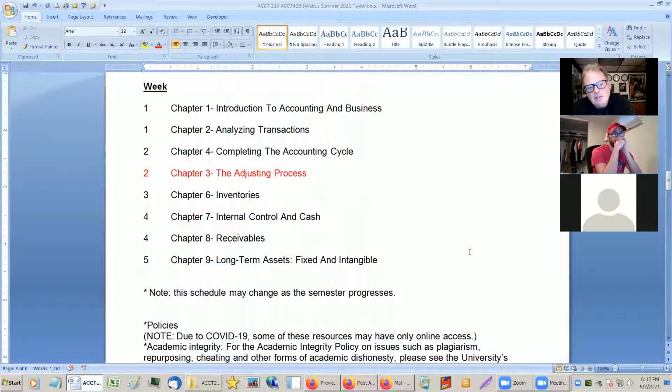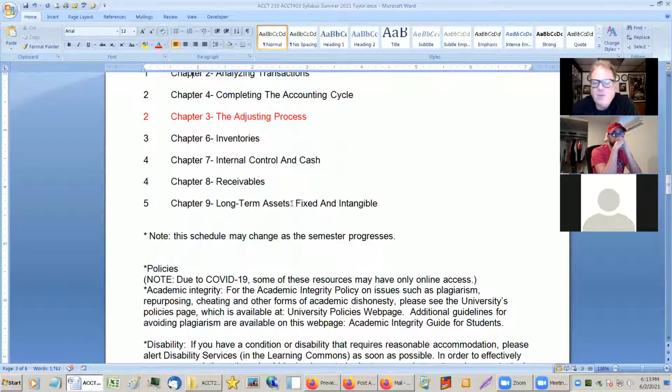The adjusting entries, quite honestly, unless you're going to be an accountant, you probably don't need those so much. But if there is one that we're going to wait until the end, it's going to be that chapter 3 adjusting entries. So it'll probably go 1, 2, 4, 6, 7, 8, 9. Those ones we should be able to get in. But the adjusting entry one, we could spend the whole 5 weeks on it if we wanted. And we don't want to.